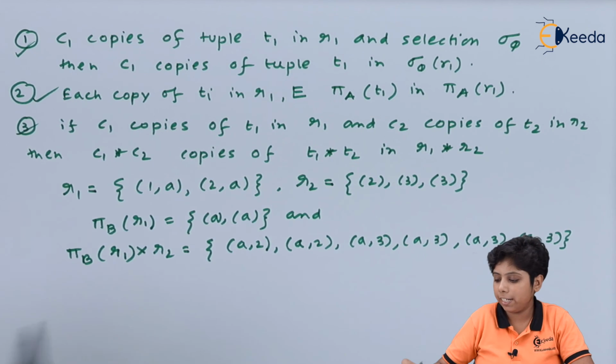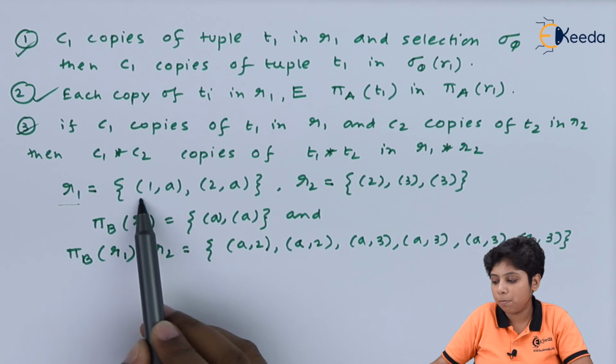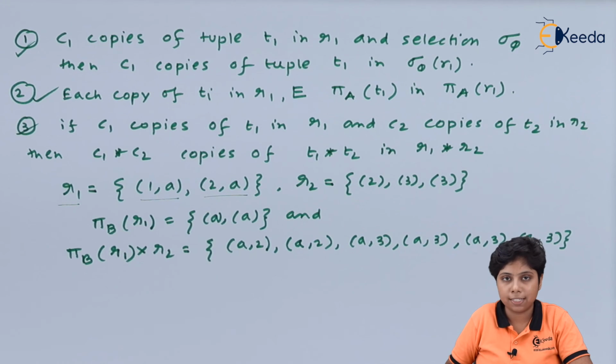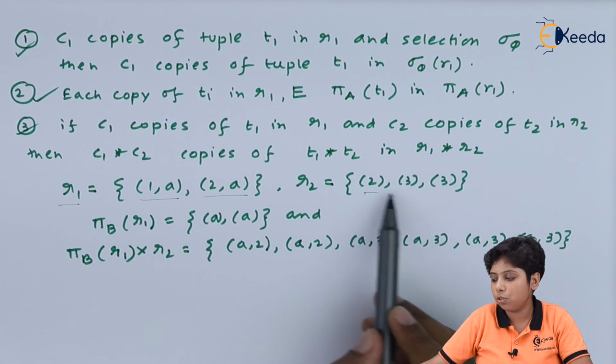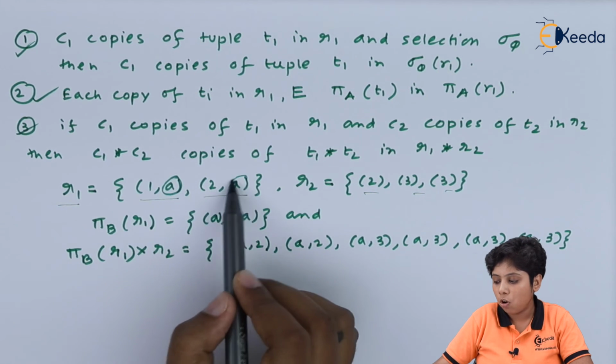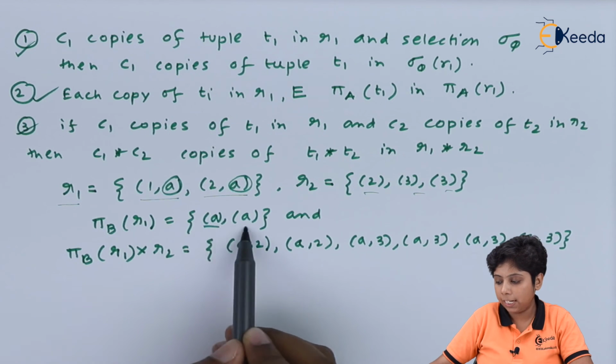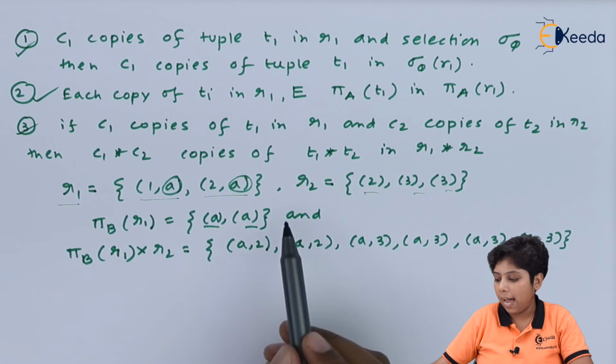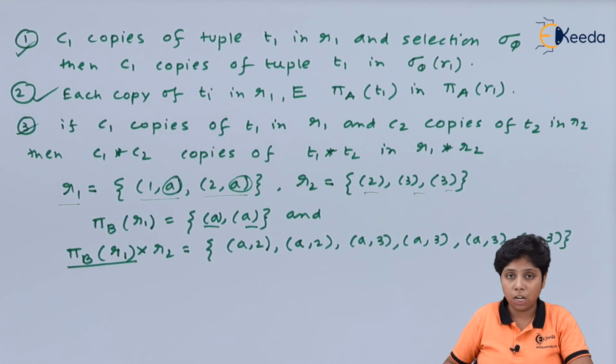Now here we can see two sets: R1, which has the combination of 1A and 2A as its contents, and R2, which has 2, 3 and 3. Now we are projecting the B values of R1, that is A and A in both cases, and now we are projecting the Cartesian product of R1 with R2 to make all the combinations.